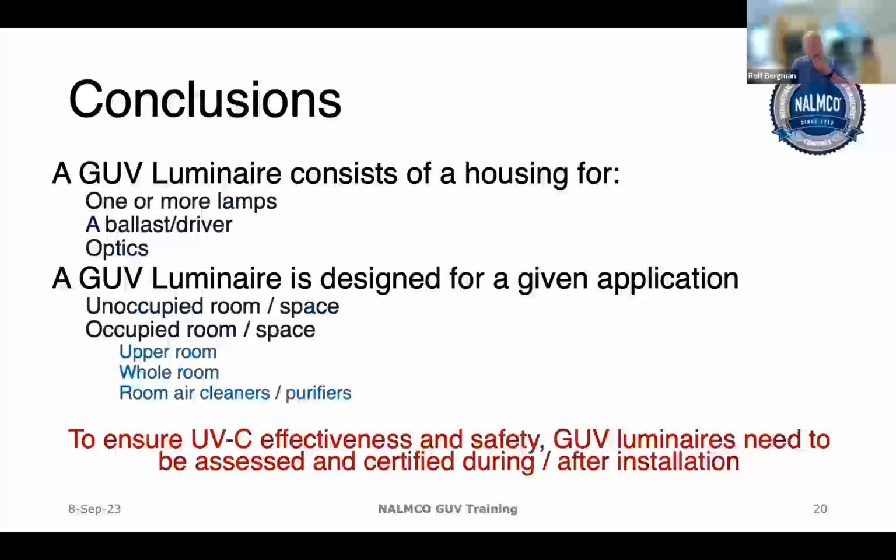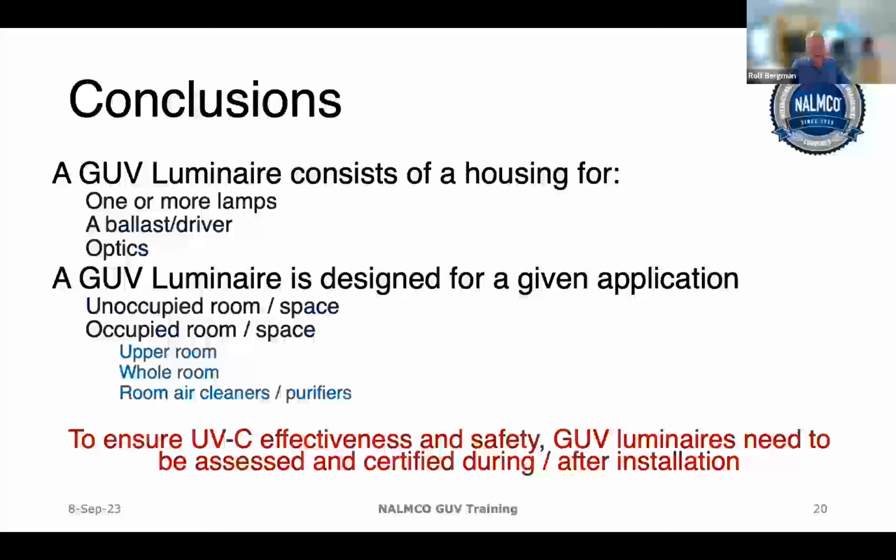But therefore, a luminaire is designed for a given application. Luminaires for unoccupied rooms can allow light to come out all over, and therefore you need much less optics with it. For occupied rooms, you have three kinds of spaces: upper room, cold room, air cleaners we talked about.